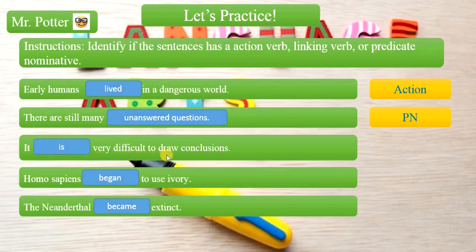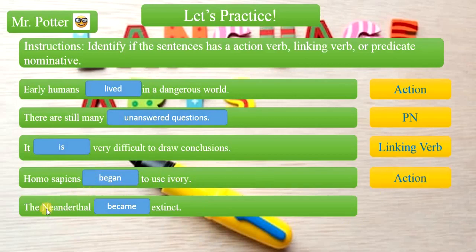Number 3. It is very difficult to draw conclusions. In here, the verb is "is." What kind of verb is it? Is a linking verb. Very good. Number 4. Homo sapiens began to use ivory. What kind of verb is this? Action verb.